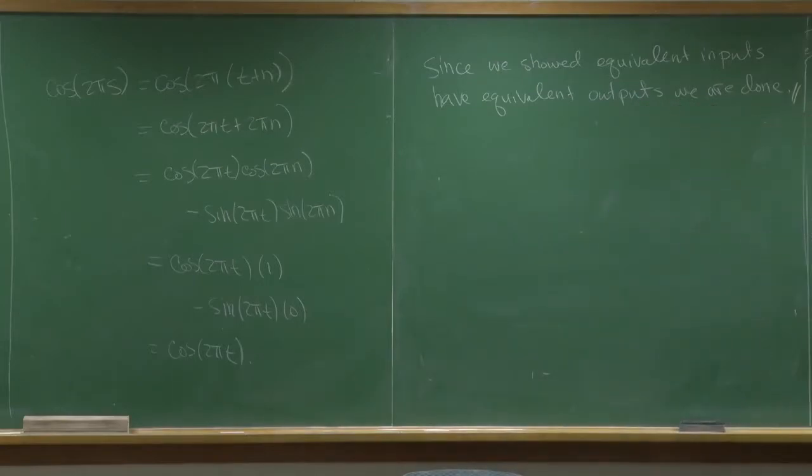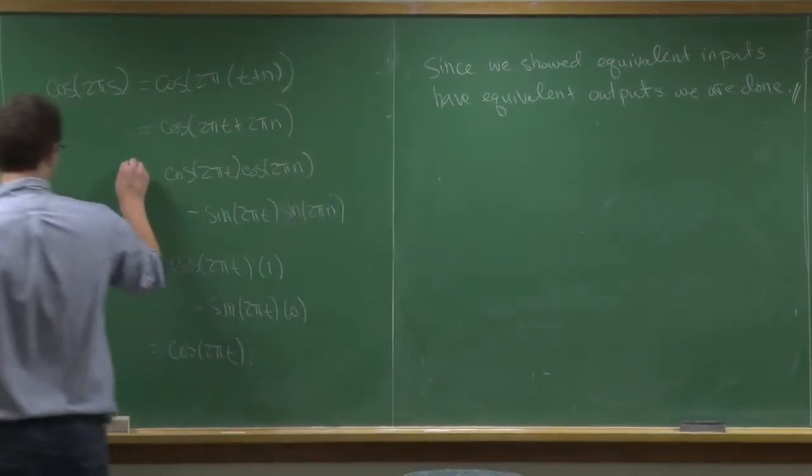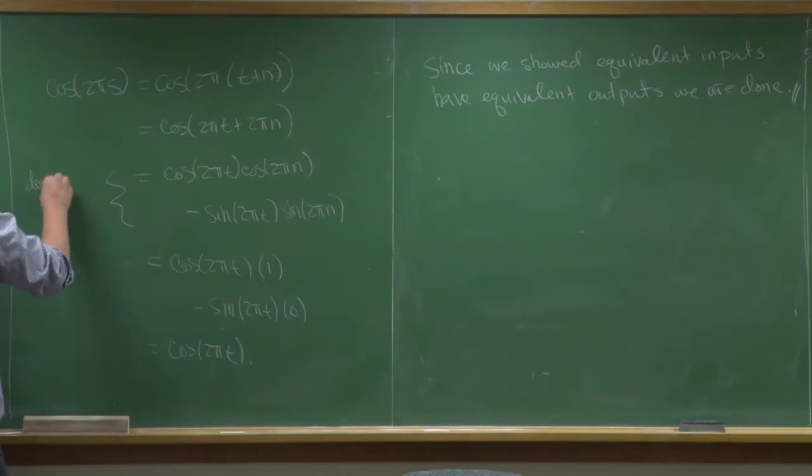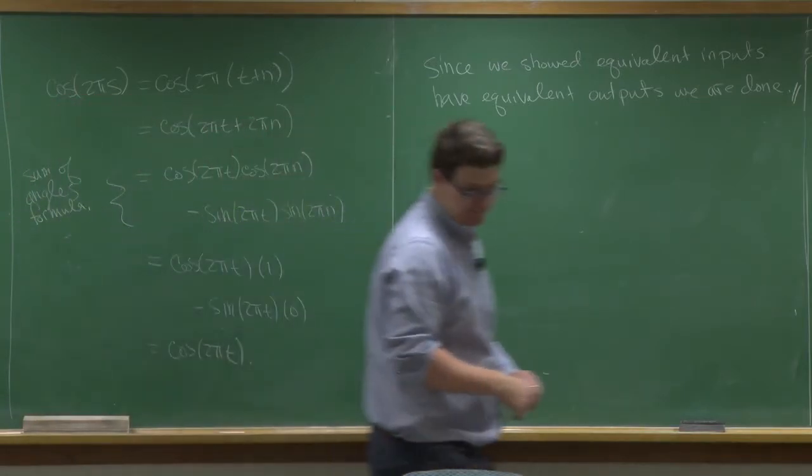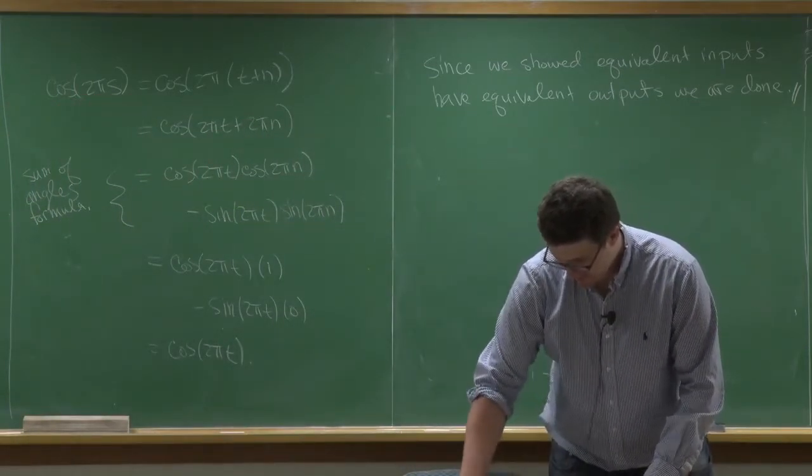This is well-definedness for equivalence relations. Any questions on that? What did I do here? This is the double angle formula, or sum of angles, from trig. So that's the sum of angles formula.